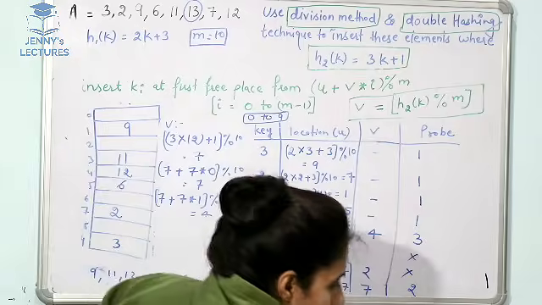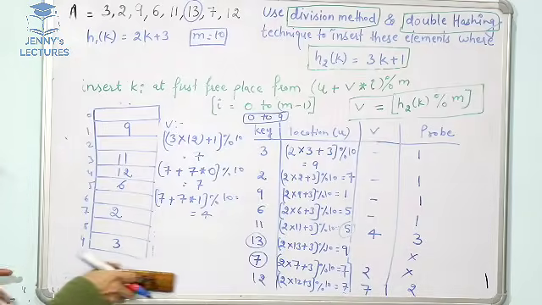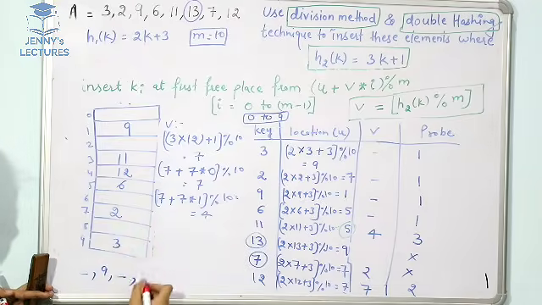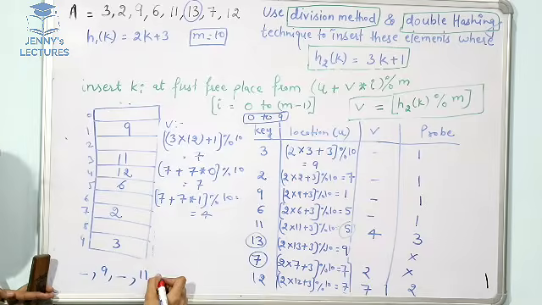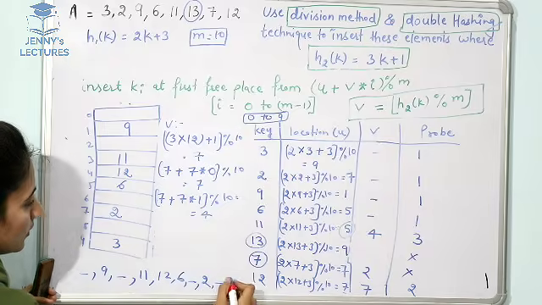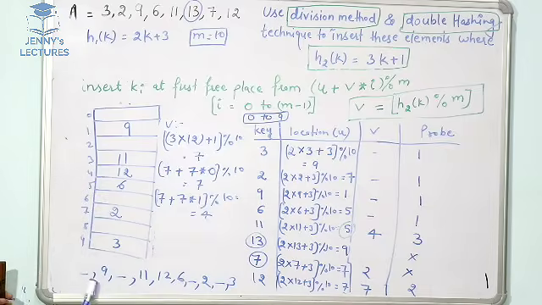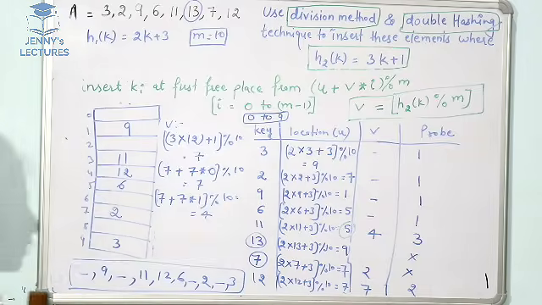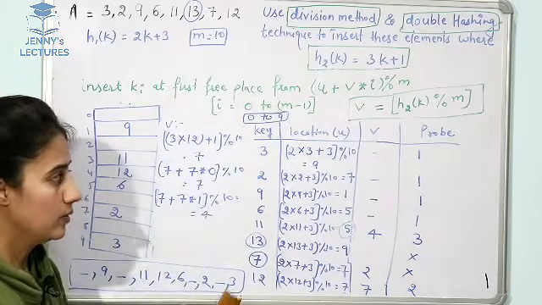No, this is wrong. How will you write? First is free, then 9, then also free, then 11, then 12, then 6, then free, then 2, then free and then 3. This is the order of elements in the hash table after applying the double hashing technique.